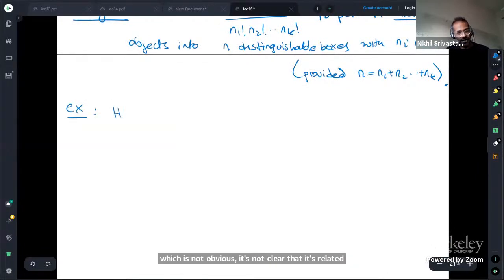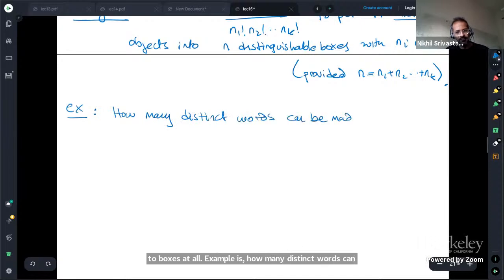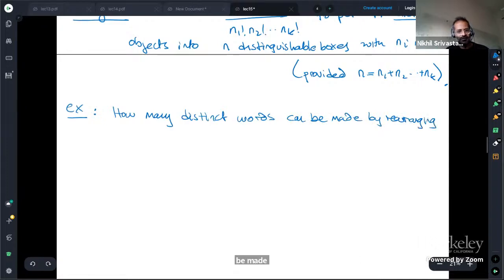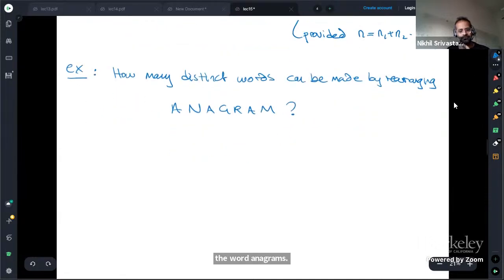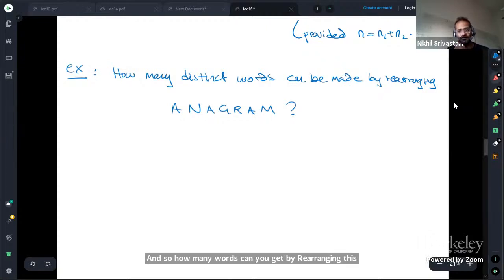The example is how many distinct words can be made by rearranging the word anagram. So this is a word with 1, 2, 3, 4, 5, 6, 7 letters. And so how many words can you get by rearranging this? Any thoughts?